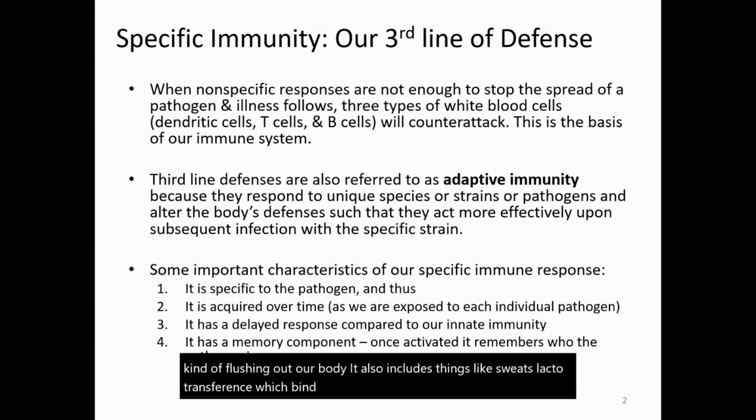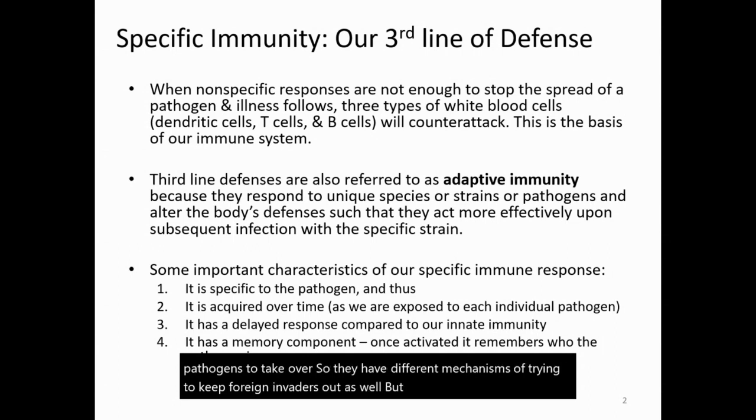These are structural, chemical, and mechanical processes designed to keep pathogens out of our body. We even include our normal microbiota in our first line of defense because even though they're a part of our body, they don't want pathogens to take over, so they have different mechanisms of trying to keep foreign invaders out as well.